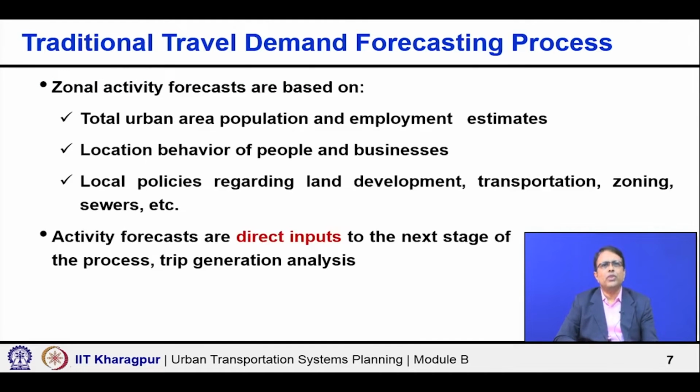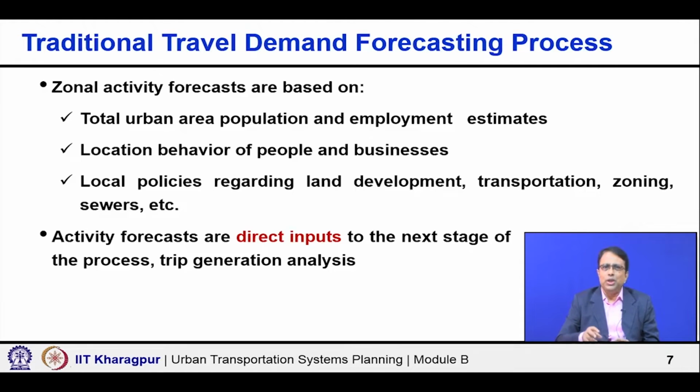Now, zonal activity forecasts are primarily based on three major considerations. I would say one is the total urban area population and employment estimates, because first you are talking about the study area. In the whole total urban area, what is the total population and employment that are expected to be there.